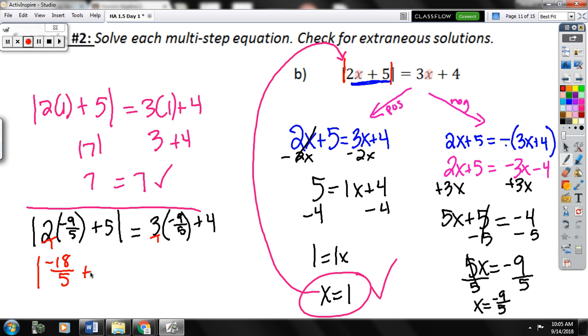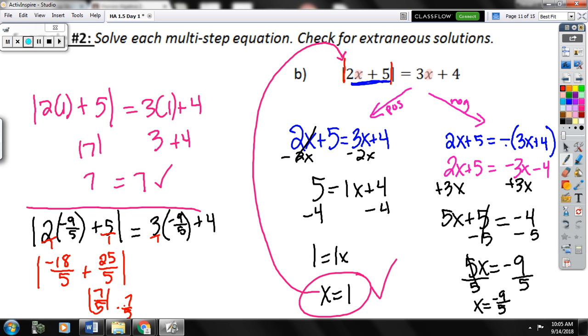And at that point, you might want to find a common denominator. 5 over 1, we need a 5, so this has to be 25/5. All right, 25/5 is still 5. What do I get when I take negative 18 plus 25? Yeah, 7/5. And then the absolute value of 7/5 is just 7/5.